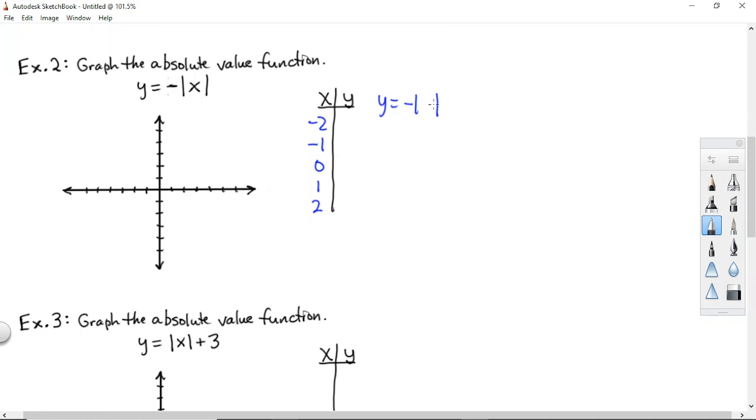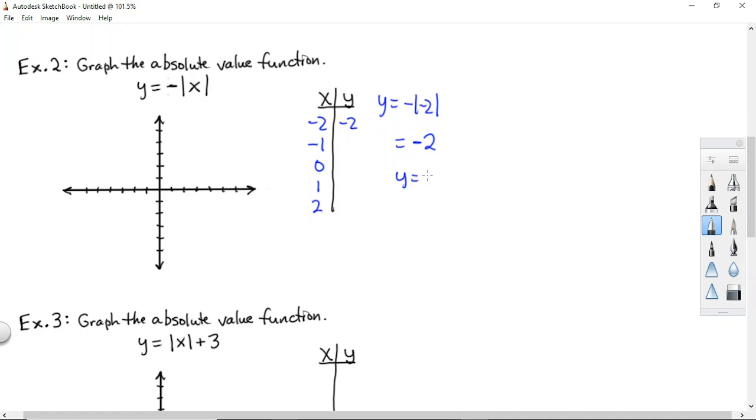There's the function, and all I'm doing is plugging in negative 2 for x. Okay, so what is that? Well, the absolute value of negative 2 is 2. Okay, but we take the negative of that. So this is negative 2.